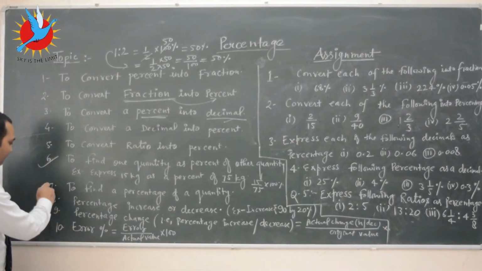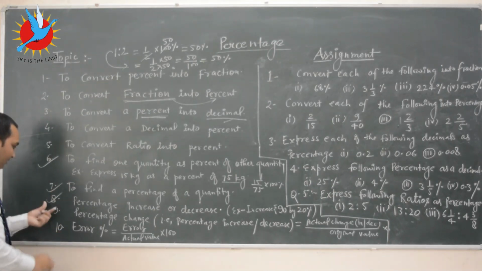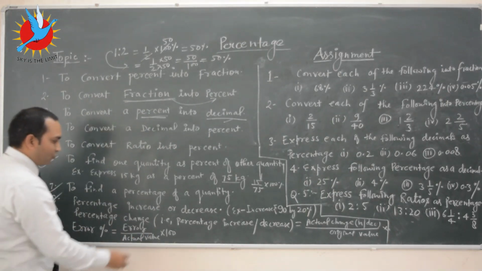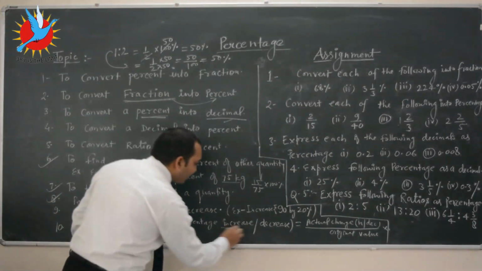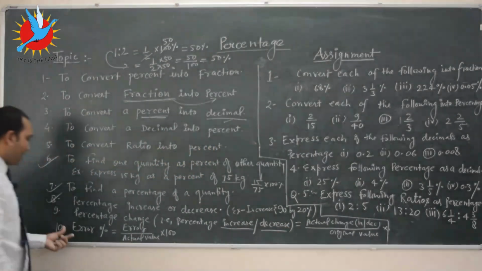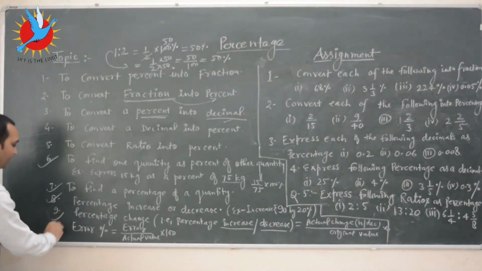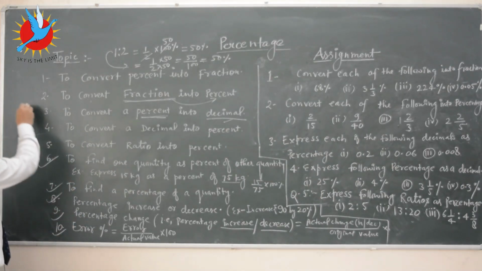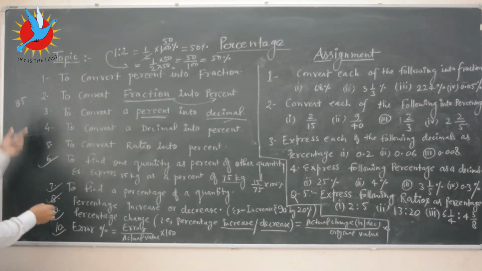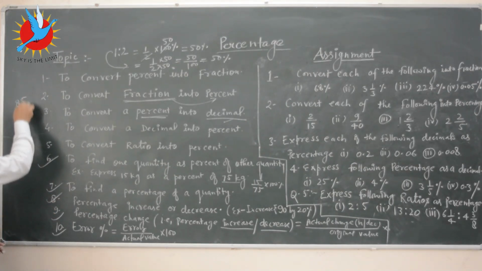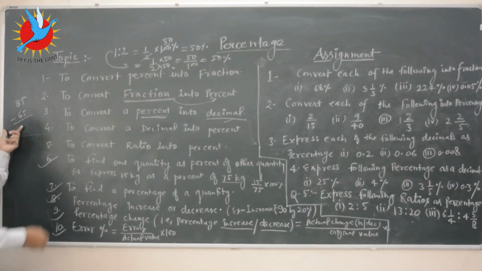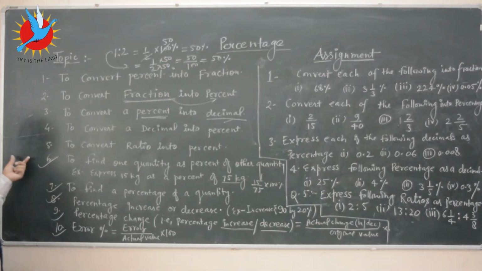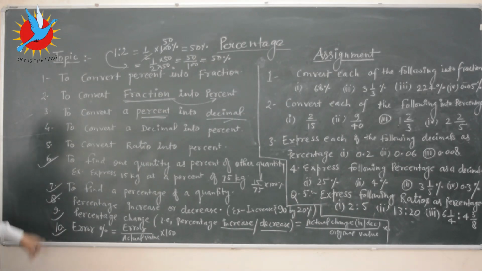This also we will discuss in the next lecture. Percentage change means percentage increase or decrease. And the next, 10th point, is error percent. Consider your mark in math is 85 and someone read it as 65. So how much is the error, and find the error percent. We will discuss this point in the next lecture.